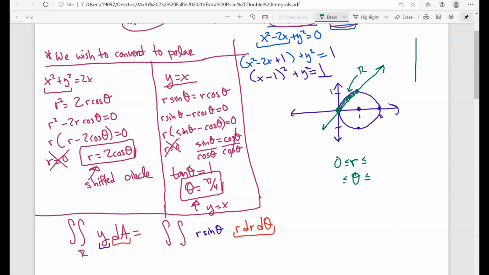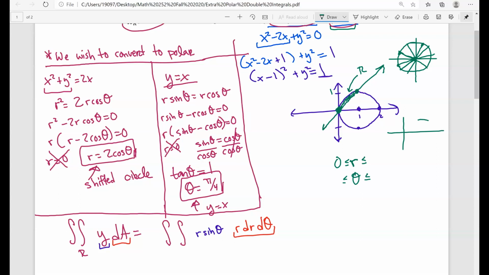For a circle centered at 0 with a radius of 1, from the pole to any point on the circle, r goes from 0 to 1.